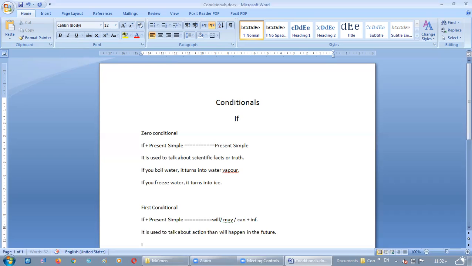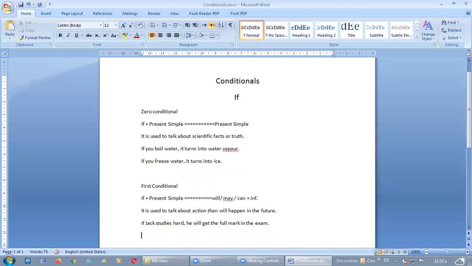Say, for example, if Jack studies hard, he will get a full mark in the exam. Another example, if the weather is sunny tomorrow, we will go to the zoo.